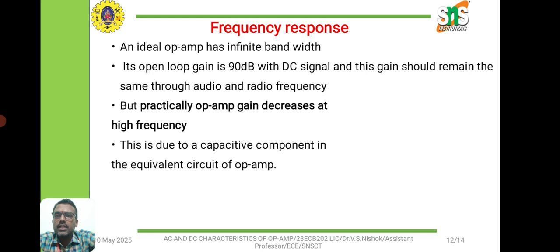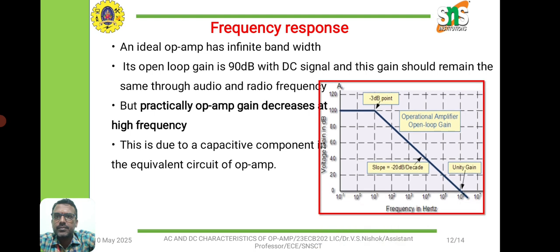Ideally, when frequency varies from lower to higher, whatever the frequency may be, the gain obtained from the operational amplifier will be stable. That is the ideal condition, but practically op amp gain decreases at high frequency. That is shown here in this graph.